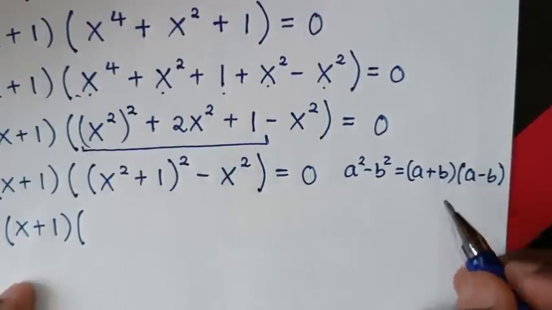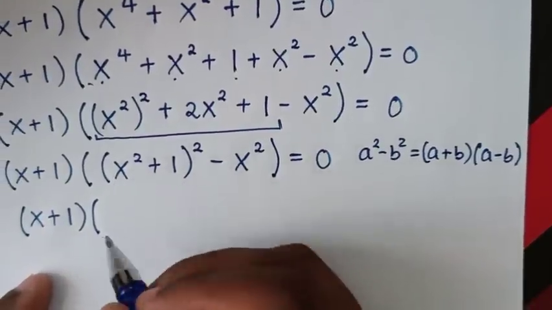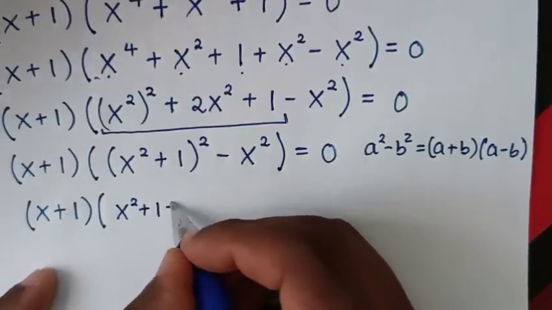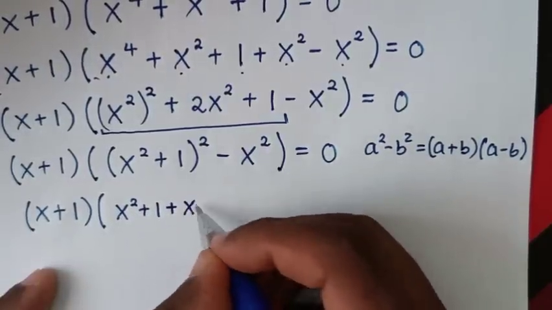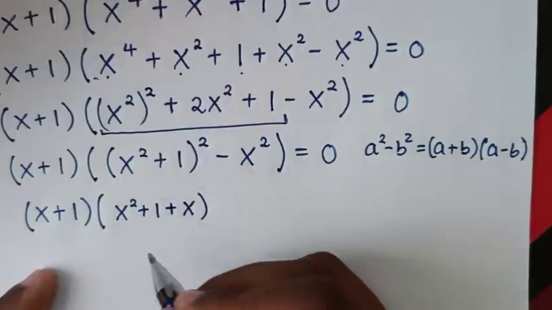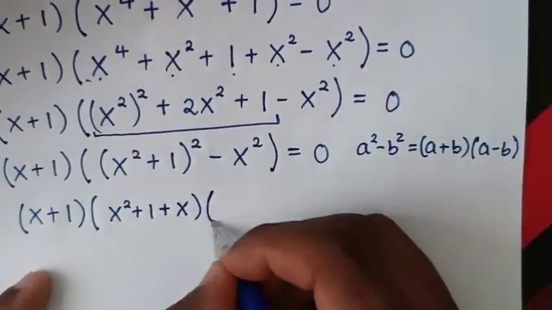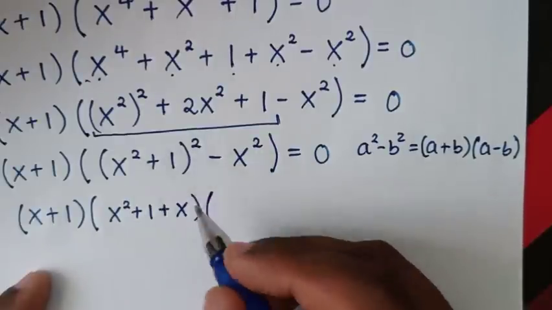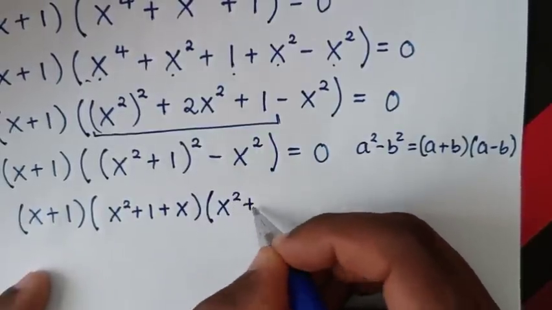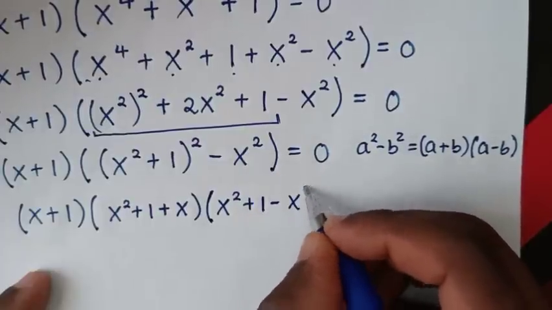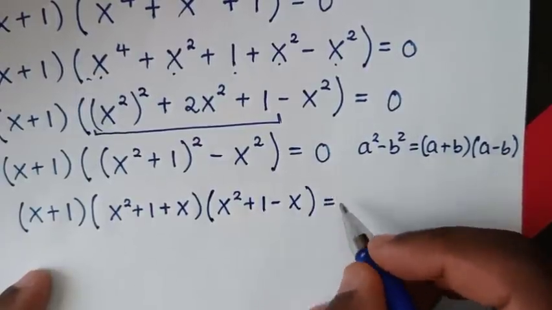So a + b will be (x^2 + 1 + x), then times a minus b, it will be (x^2 + 1 - x), then is equal to 0.